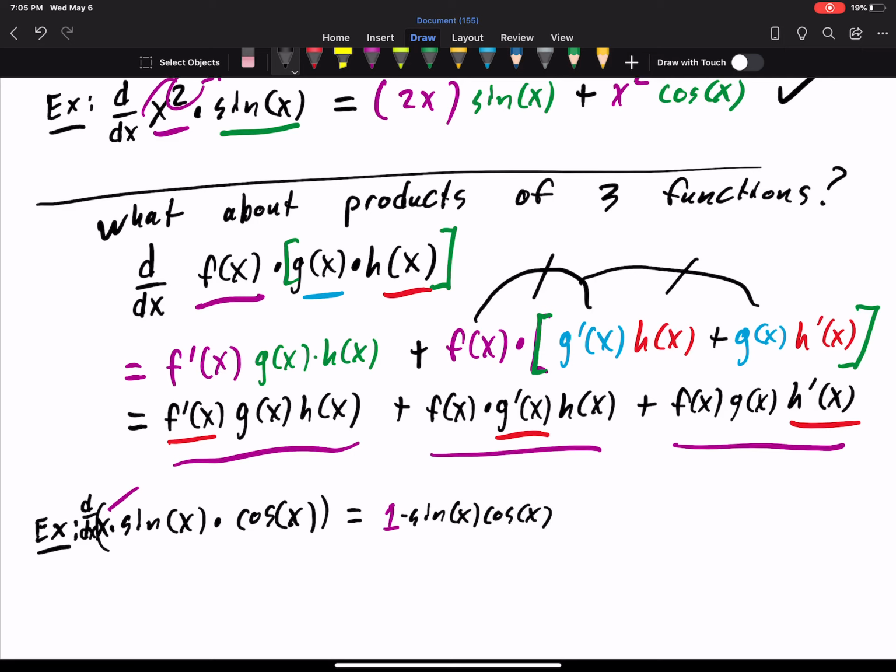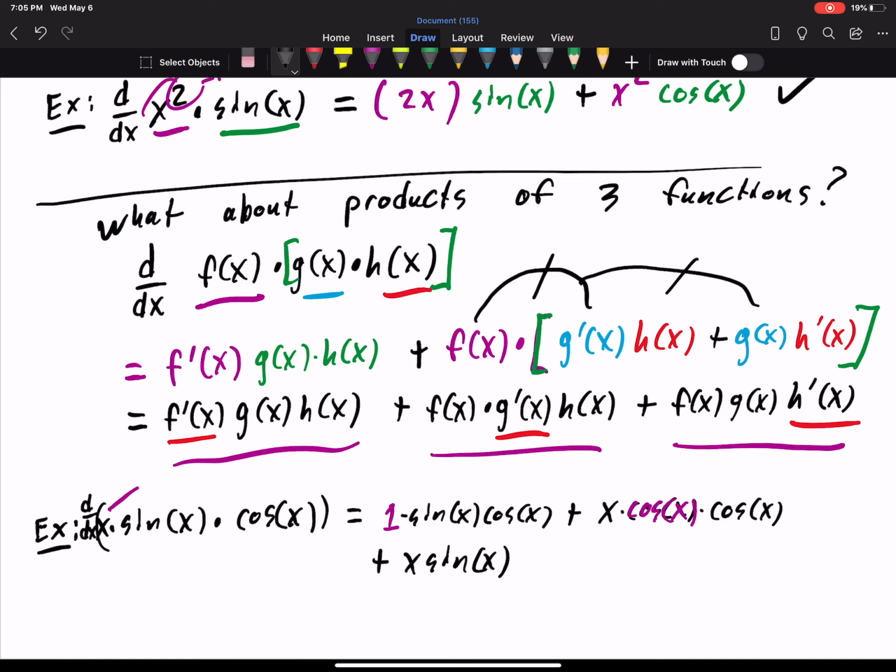Okay, then in the next term, leave the first alone, derive the second one. So you have cosine times cosine. Okay, and then finally, moving on to the next line here, we derive the third, leave the first two alone. So copy pasting, x sine of x, and then what's the derivative of cosine?